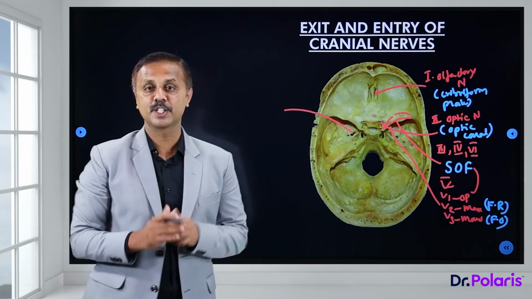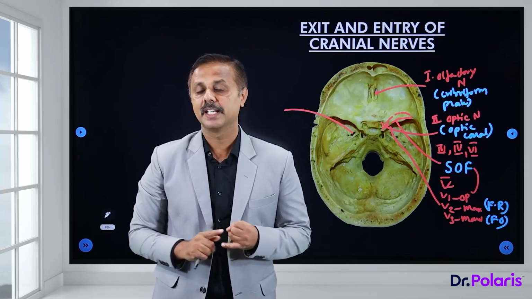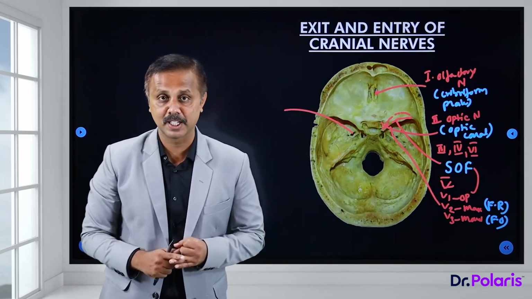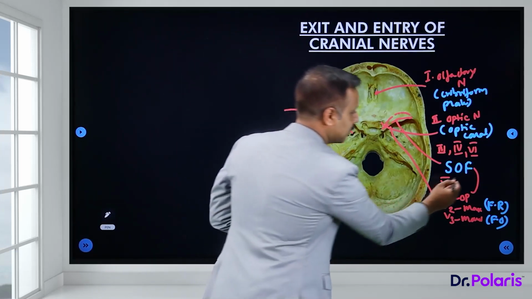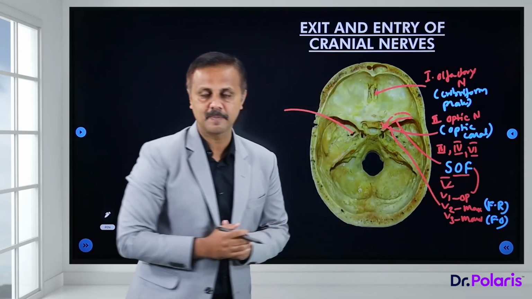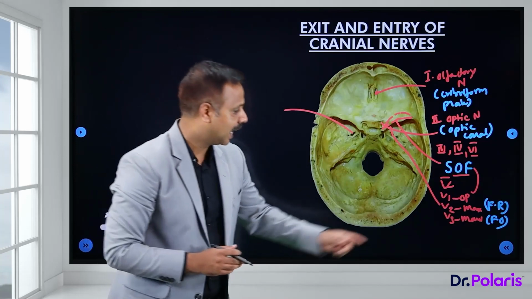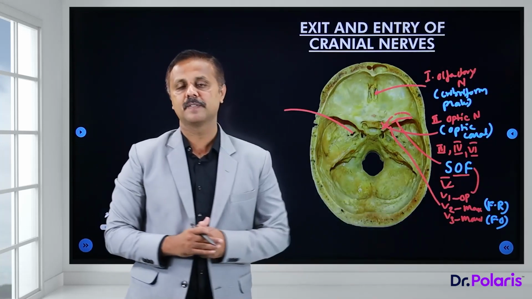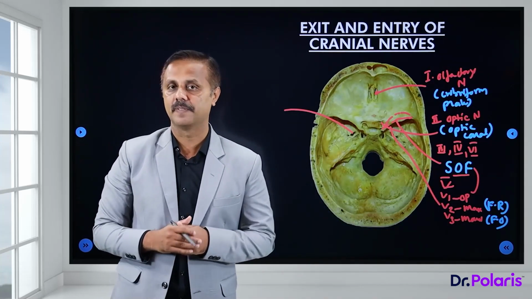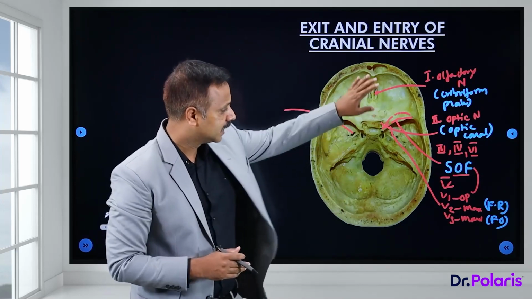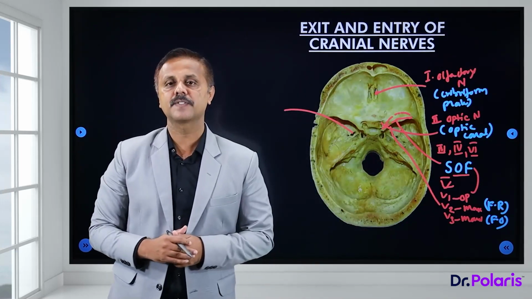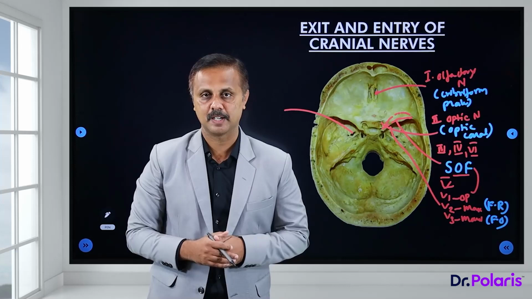The ophthalmic division splits into, as I mentioned, nasociliary, lacrimal and frontal nerves, all of which will again pass through the superior orbital fissure. Maxillary nerve will enter the skull through foramen rotundum, and then we have the mandibular nerve which will pass through foramen ovale. This is regarding the first 6 cranial nerves, how they enter or leave the skull.